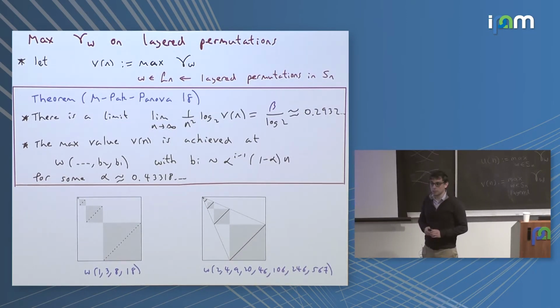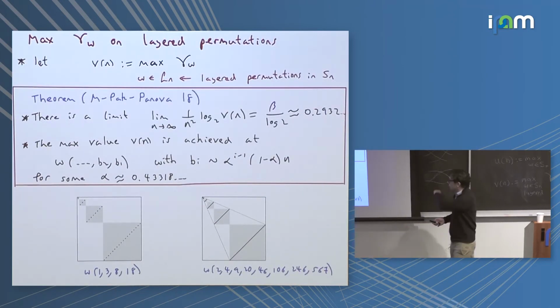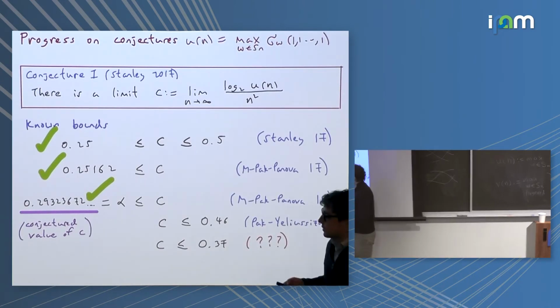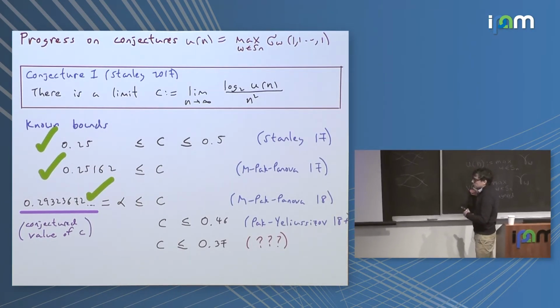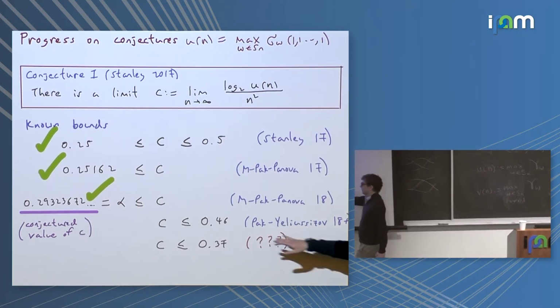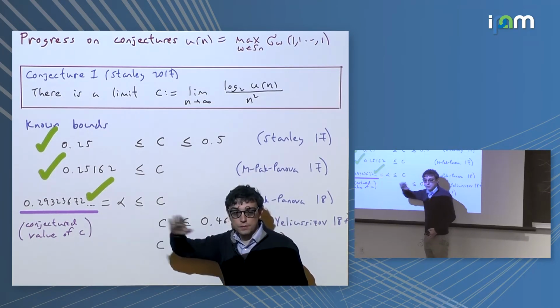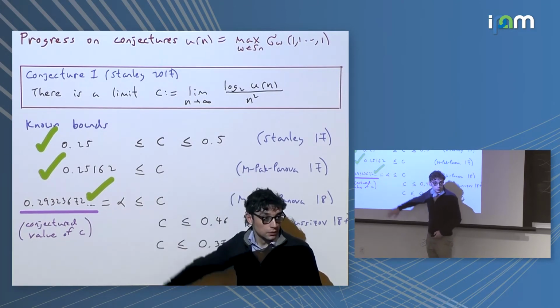Okay, I'll tell you where they come from. Because you're exhibiting a family, this is at least a lower bound, but this is what we conjecture. If you believe this conjecture of Merzon, Smirnov and Stanley, this should be the actual value.